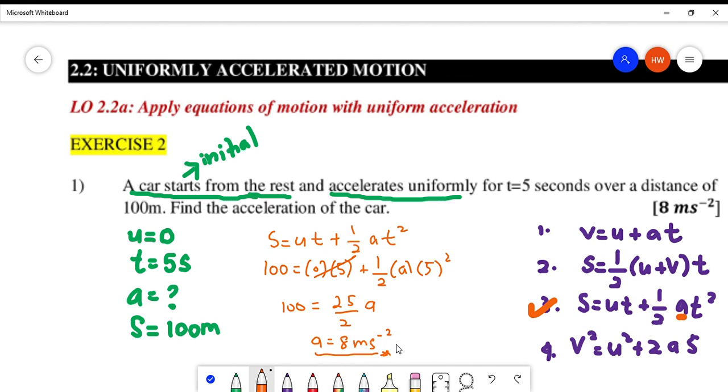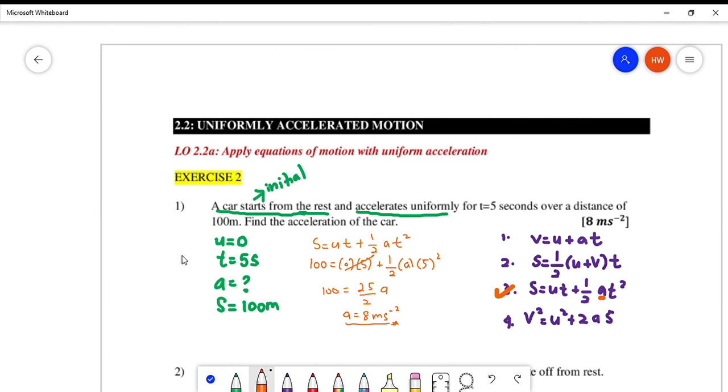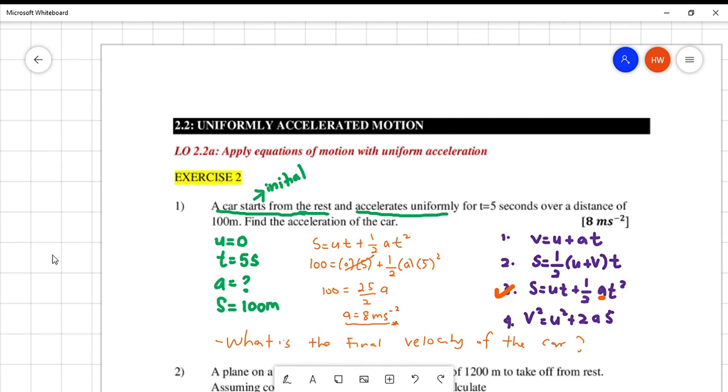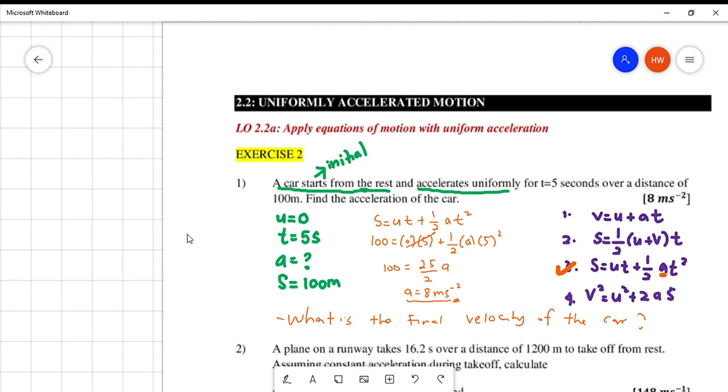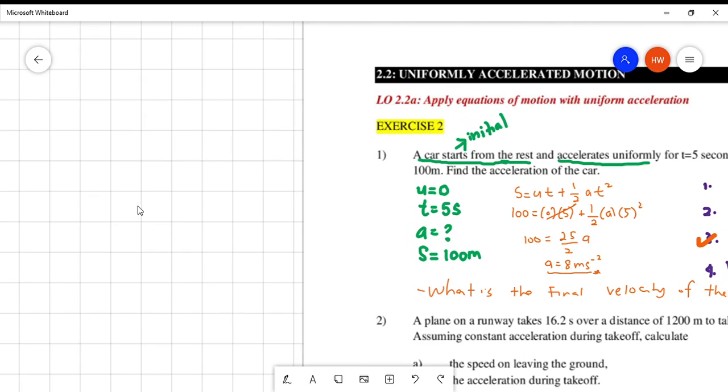Okay. Senang kan? Okay, sekarang ni saya nak awak buat, cuba cari nilai V. What is the final velocity of the car? Soalan tambahan. 40.